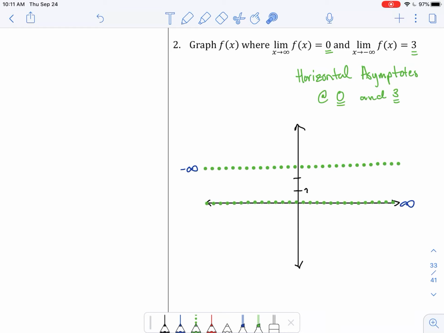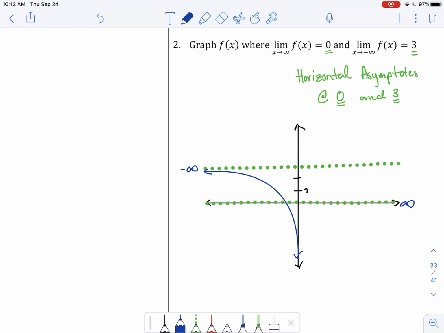Now, our curves can do anything in the middle. We don't know anything about the limits at any sort of defined numbers. We just know what's going to happen at the ends here. So maybe this one's going to approach like this, and then maybe we have something like that. That would be a lovely behavior there. And on the other side, again, we don't know what's happening over here.